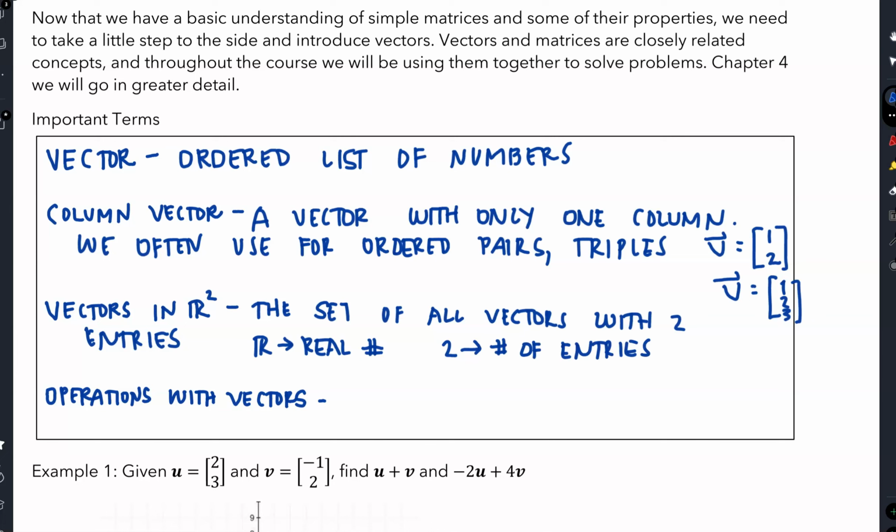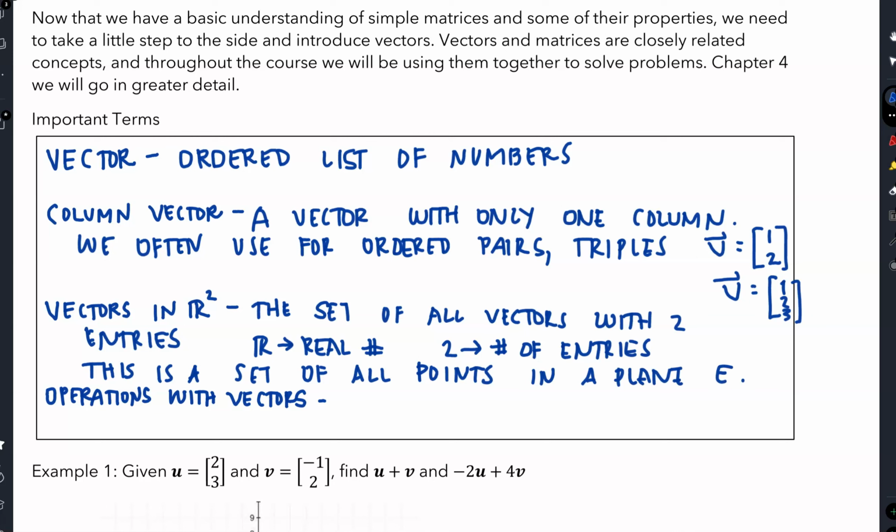It could be R3, so 3 entries, or R4. R2 is the set of all points in a plane, and we could say plane E.